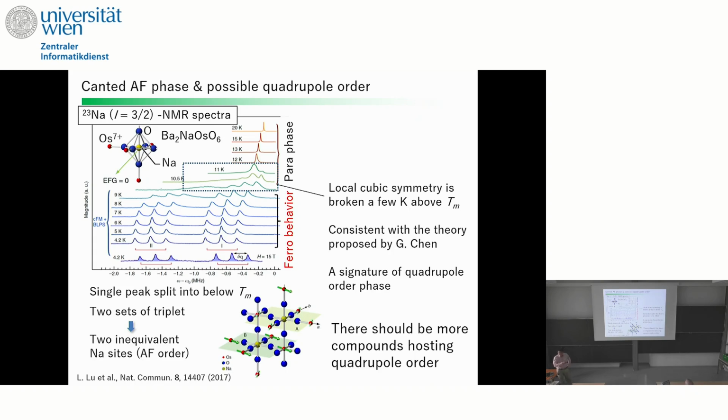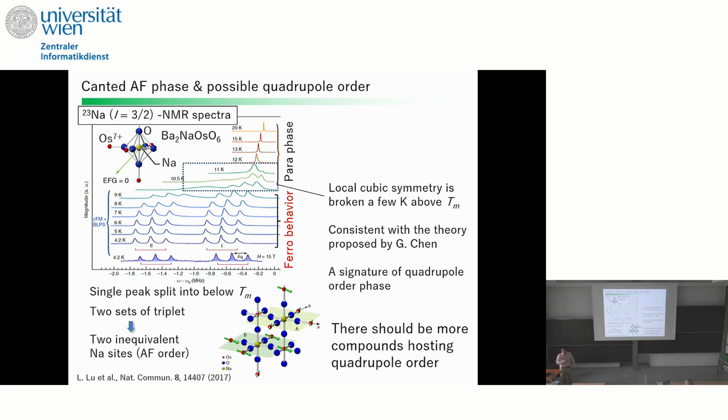Furthermore, we have this strange spectrum, which is different from both the paramagnetic phase and the magnetically ordered phase. This distorted and split peak indicates that the cubic local symmetry around sodium is broken, which means there is some anisotropic distribution around the sodium ion, again consistent with the existence of quadrupolar order.